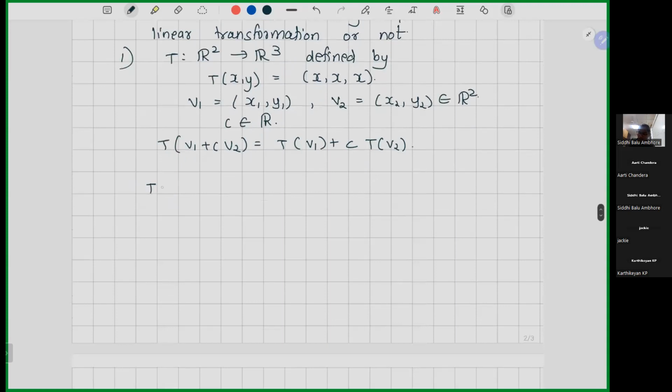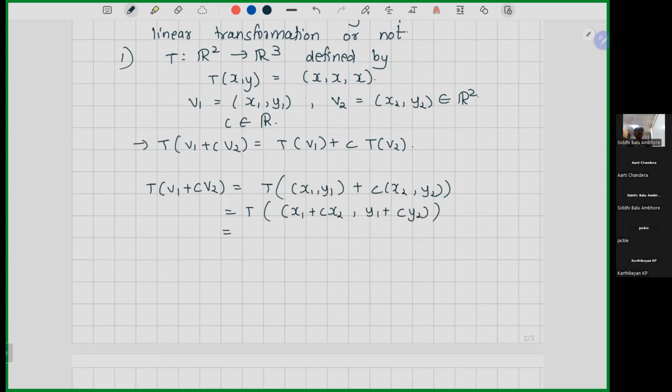So let us start with the LHS of this equation. T of V1 plus C V2 is T of x1 comma y1 plus C times x2 comma y2, right? So this is T of x1 plus C x2, y1 plus C y2.